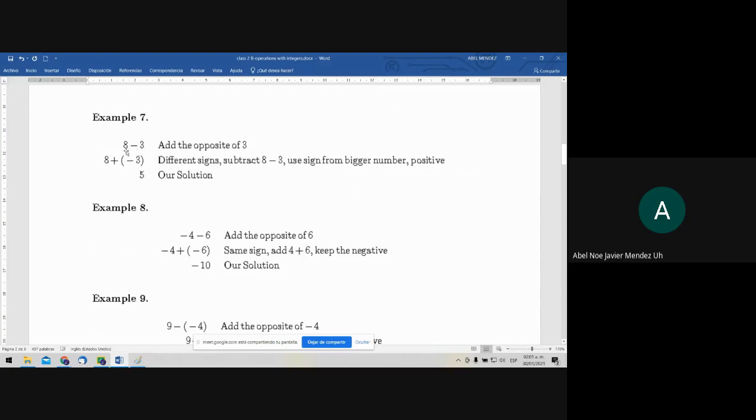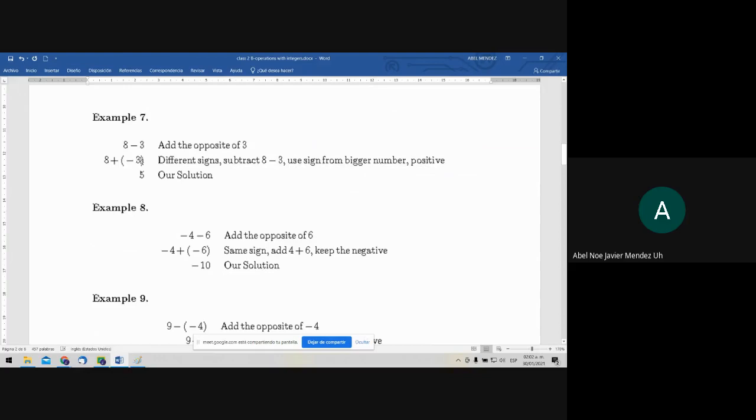In this case it is 8 minus positive 3. If we have positive 3, when we change this operation, 8 minus, to 8 plus negative 3, the sign of the 3 here is positive.